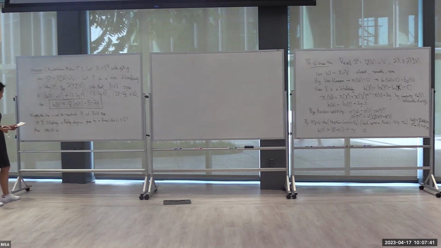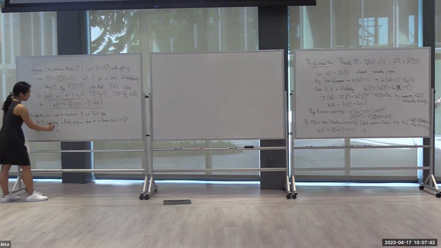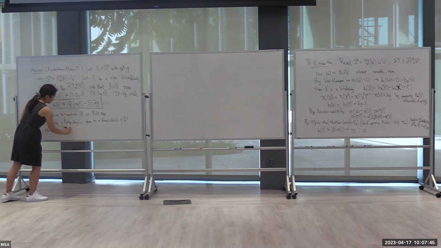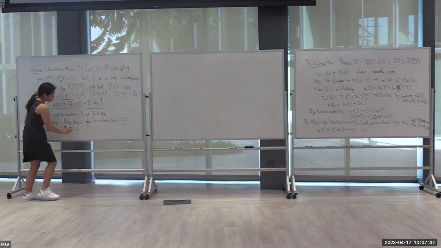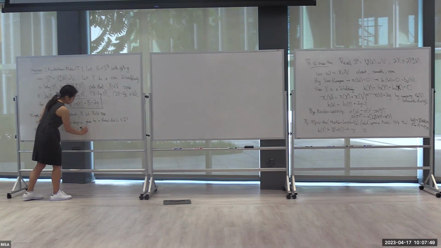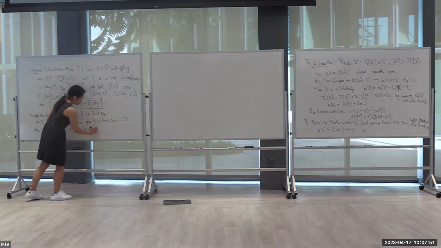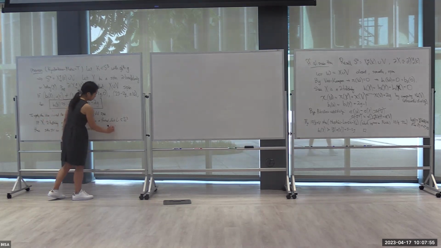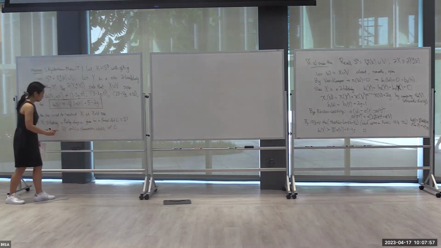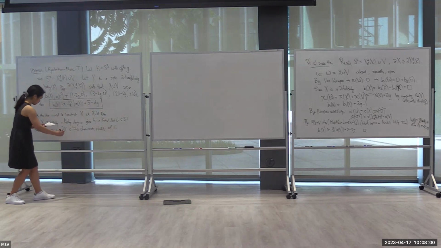Then spin structures on the boundary of X are in one-to-one correspondence with characteristic sublinks of L. And I'll go over what that means.